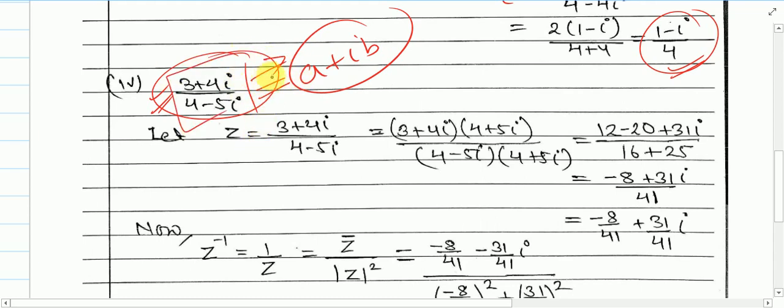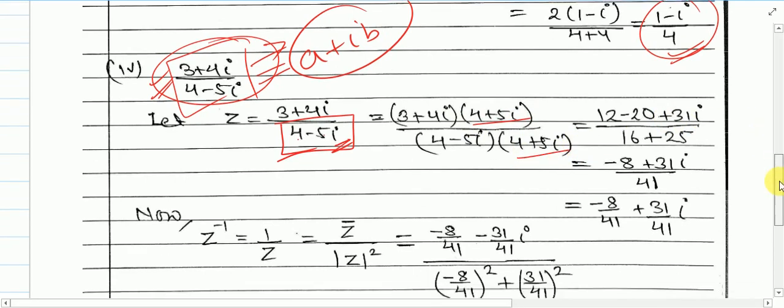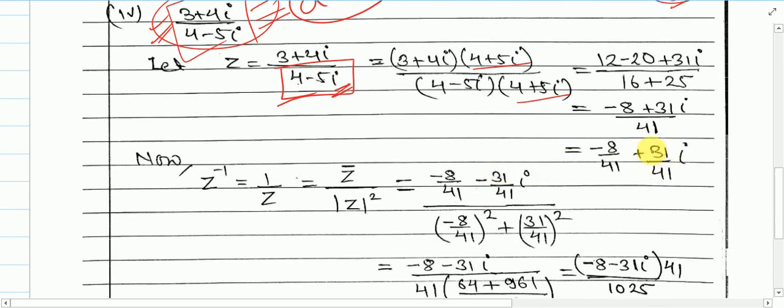Here we see that in the denominator we have 4 minus 5i, so we will rationalize it. We'll multiply and divide by 4 plus 5i, and then we'll get the same complex number in this form.